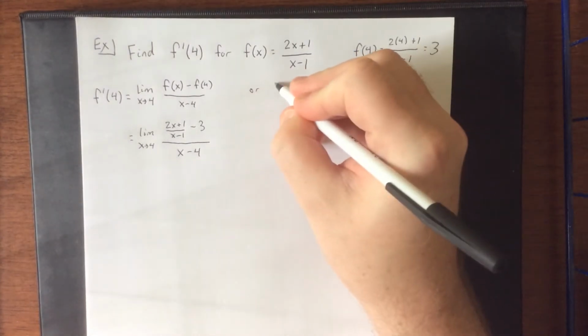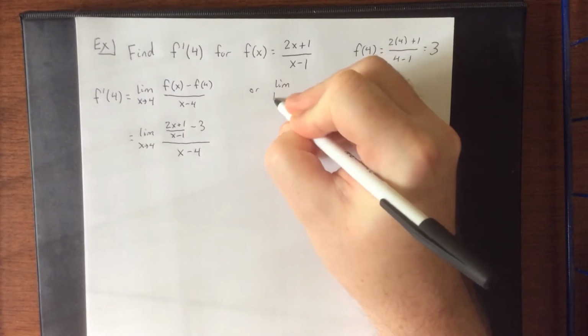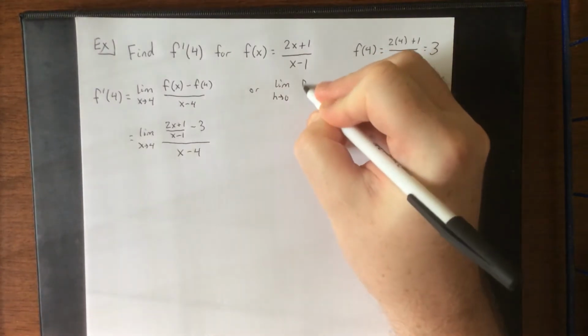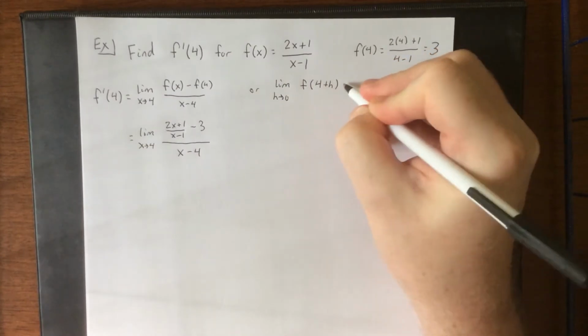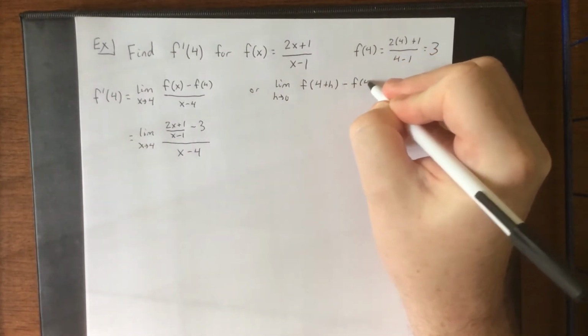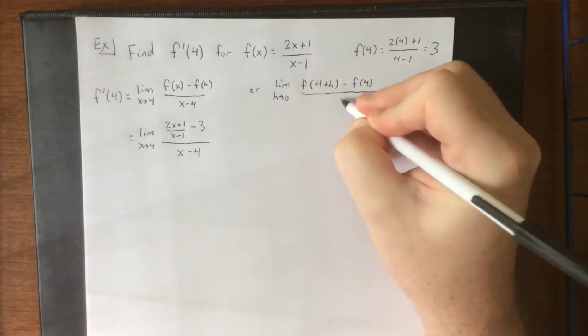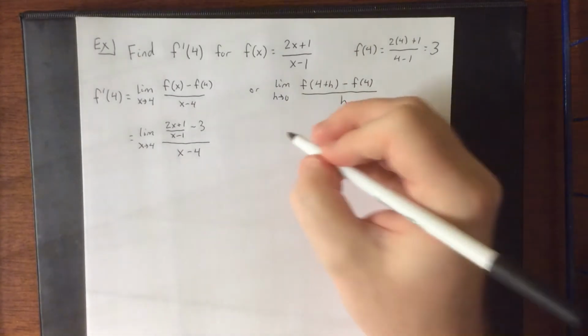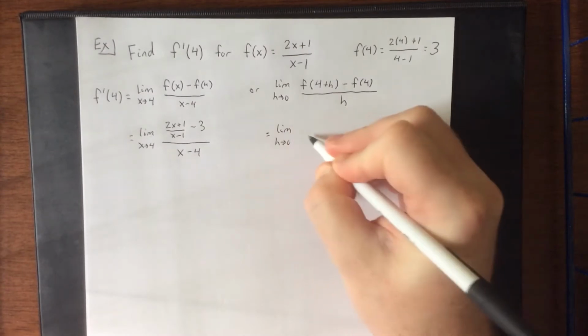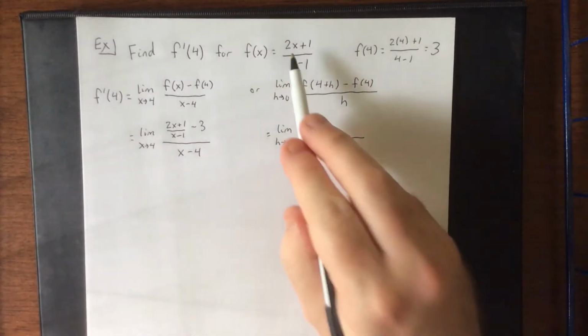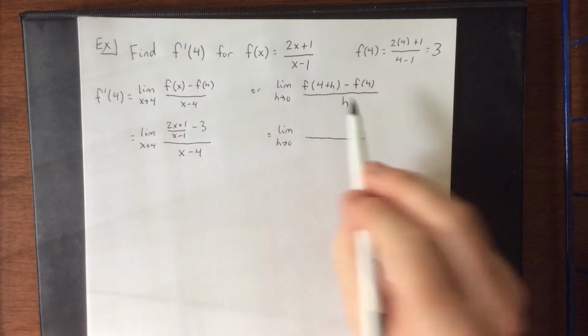The alternative would be the limit as h approaches 0 of f of 4 plus h minus f of 4 all over h. That would be equal to the limit as h approaches 0 of, we'll replace all of the x's with a 4 plus h.